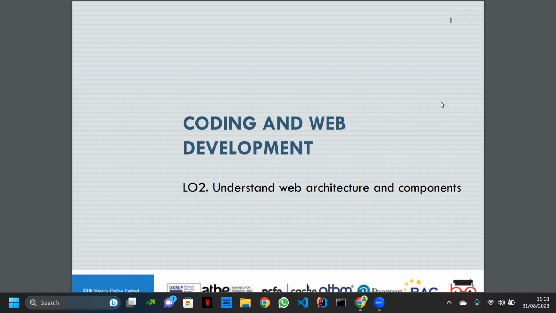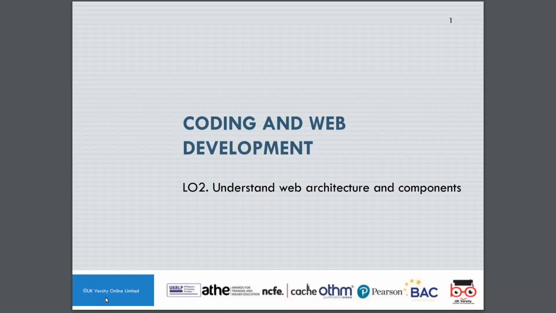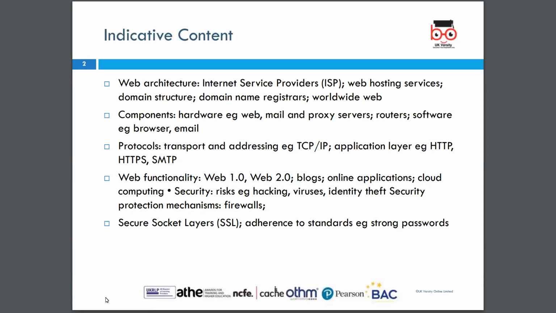In today's session, we'll look into understanding the web architecture and the components. Right. Yesterday's section, we had a bit of practical session where we looked into setting up an environment.